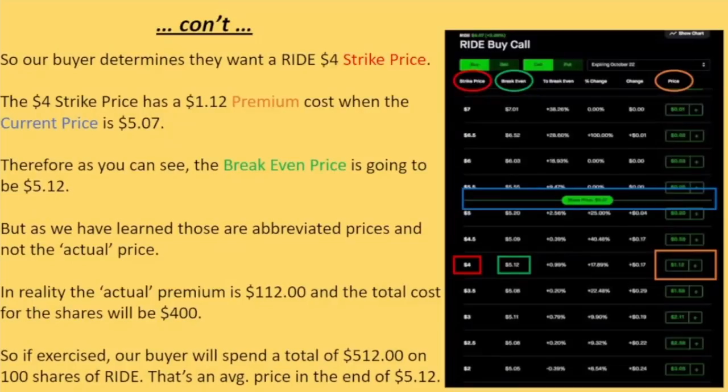Well, you divide that by 100, you're going to come up with an average price of $5.12, which is also your break-even price. That break-even is a real important thing, and it will tell you your average price of your share of a finalized exercise contract. So then you know, once you collect those 100 shares on an exercise contract, I need to be above $5.12 for those shares to be profitable.